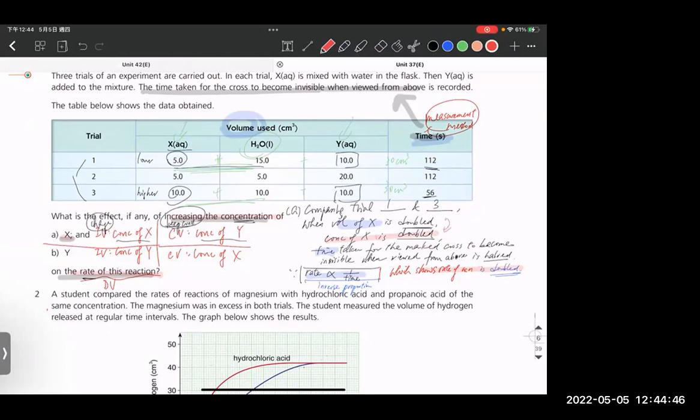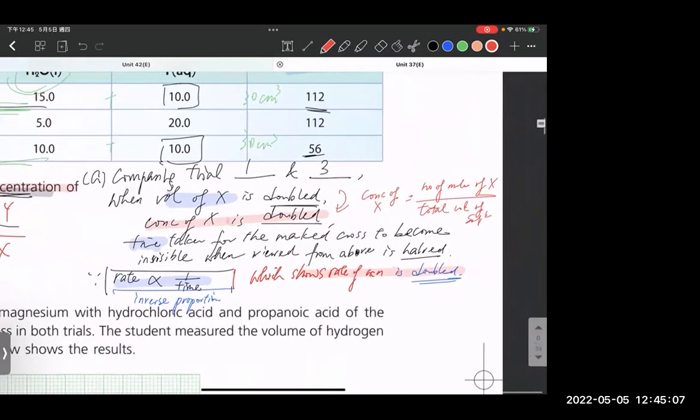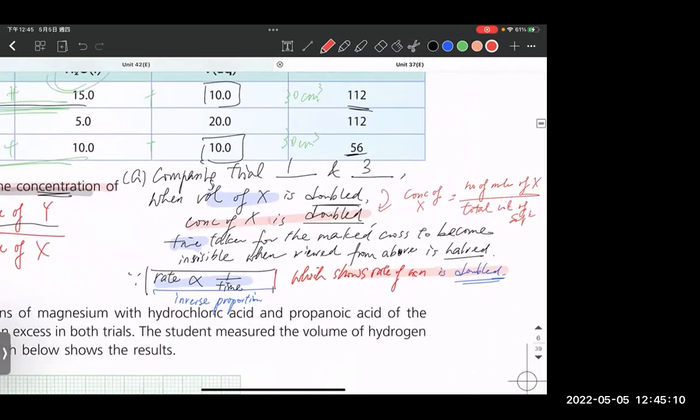How do you relate the volume of X and concentration of X? How do you get the concentration actually? Concentration of X is equal to number of moles of what? X over total volume of solution. Do you understand? So how do you make the concentration of X relate to volume of X? Number of X is calculated as what? This part, constant volume of X, it is calculated as molarity of X times what?